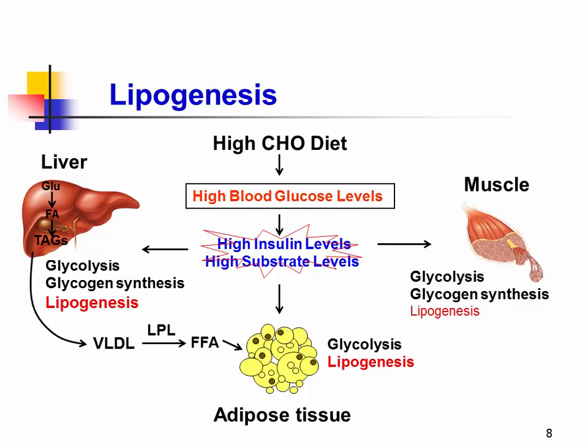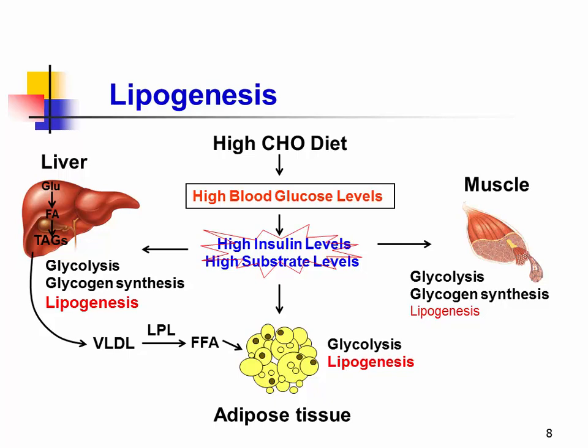So again, lipogenesis mostly occurs in the liver. The liver picks up glucose, or even some amino acids, and metabolizes and converts it to acetyl-CoA for fatty acid synthesis. Once fatty acid is synthesized in the liver, it is used to synthesize triglyceride, but the liver usually does not store a lot of triglyceride. Adipose tissue is the place for triglyceride storage.